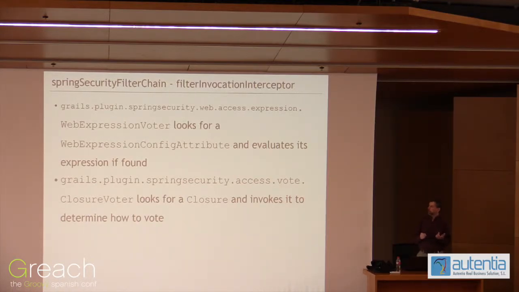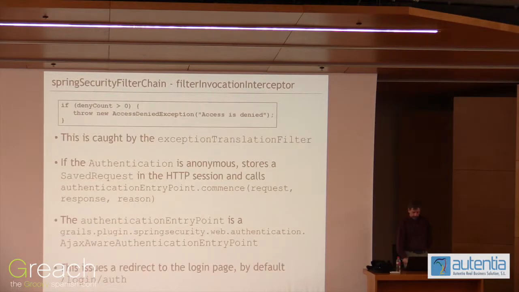So that gives you a lot of power because you can run any arbitrary Groovy code you want inside of that closure. Instead of just saying that you have to be role admin or some expression, you can run whatever complex checks you need to do with code. So, of course, that'll bloat the size of the annotation quite a bit, but you get a lot of power that way, I think.